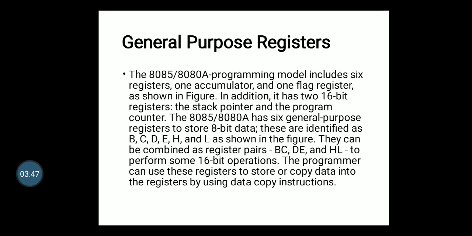These are identified as B, C, D, E, H and L. They can be combined as register pairs BC, DE and HL to perform some 16-bit operations. The programmer can use these registers to store or copy data into the registers by using data copy instructions.